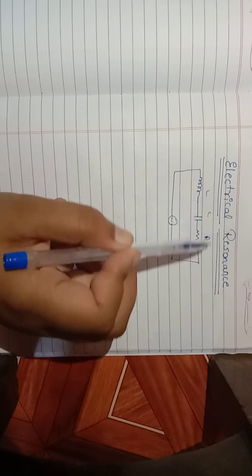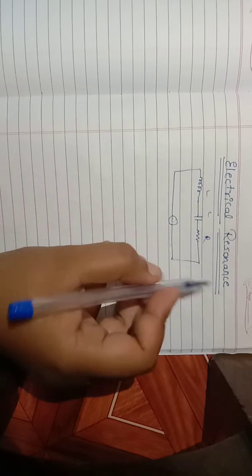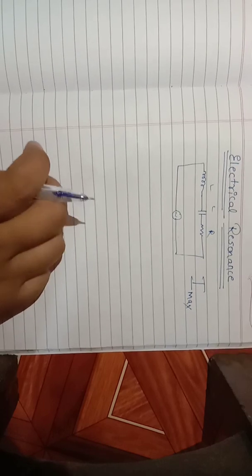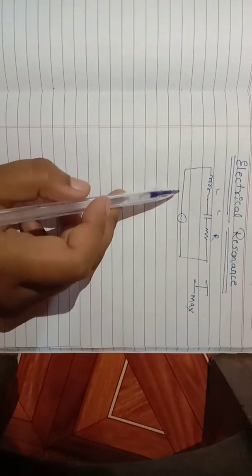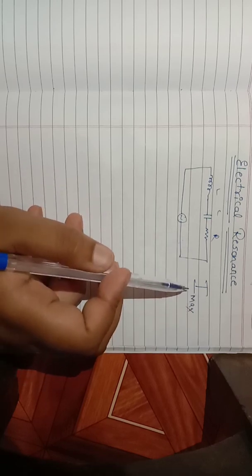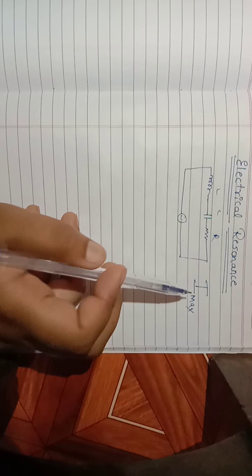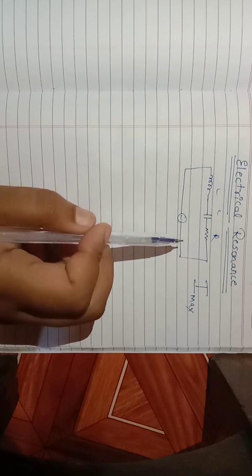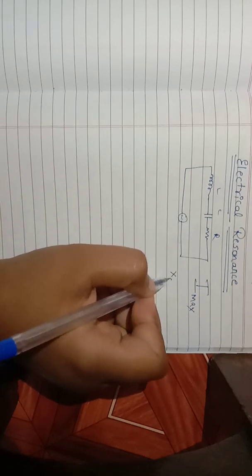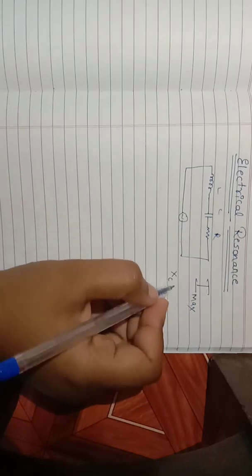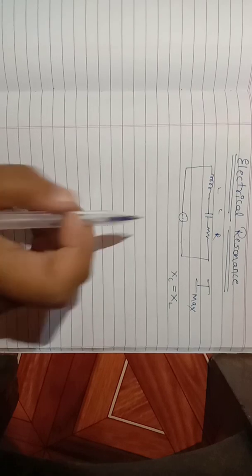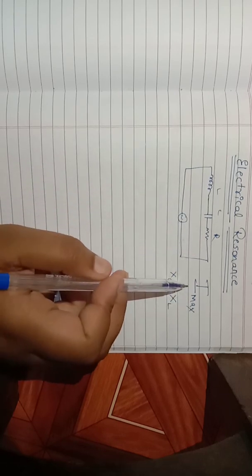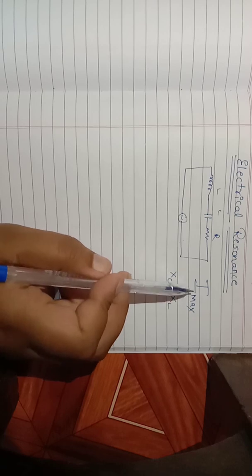If the current in this series LCR circuit becomes maximum for a given frequency of the source at which the capacitive reactance XC becomes equal to the inductive reactance, then the circuit will show maximum current.